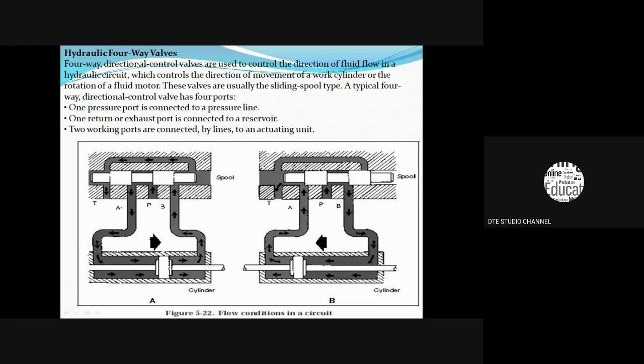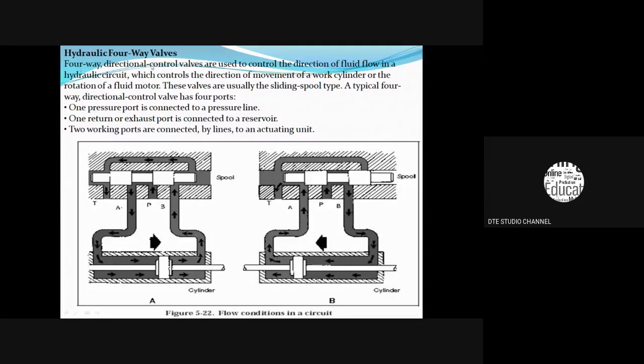But in the case of 4-way DC valves, 2 positions or 3 positions can be made. A neutral position is not there in two-way and three-way valves, but a neutral position is there in 4-way DC valves. That's why 4-way valves can be divided into 4x2 DC valves and 4x3 DC valves.